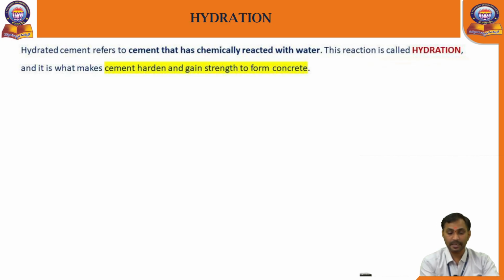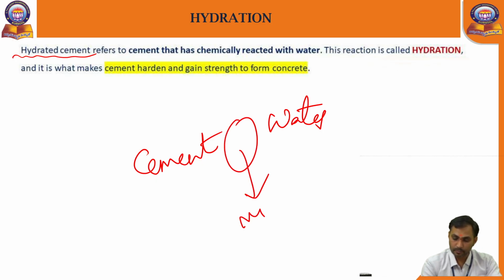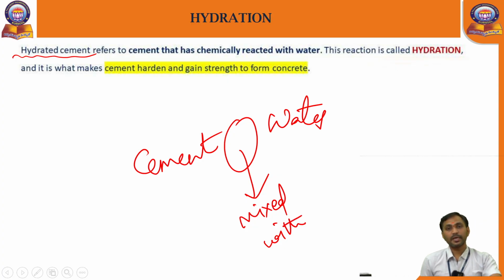Here, hydrated cement or hydration of cement refers to where cement is added to or mixed with water. Where cement is mixed with the water, reactions will be generated.